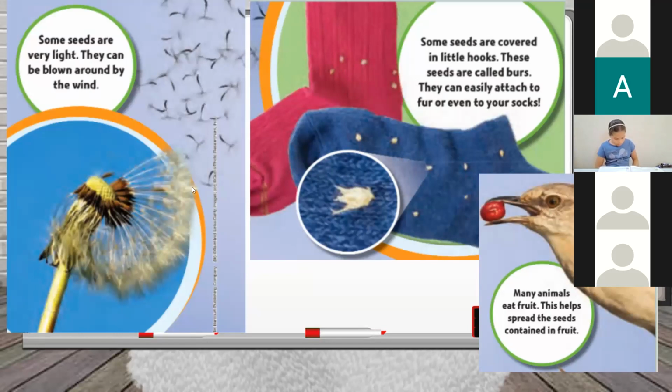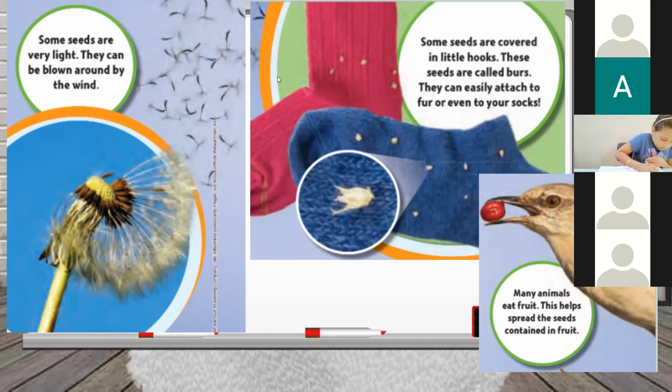Sometimes they can be carried by the wind. Sometimes animals eat the fruits and take away the seed, throw it in some place, and they can reproduce new plants. Why? Because seeds are carried away in many different ways.